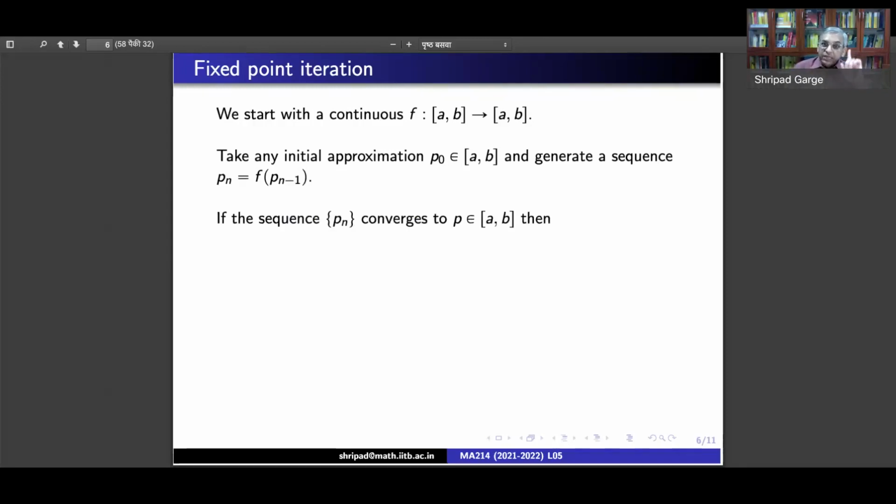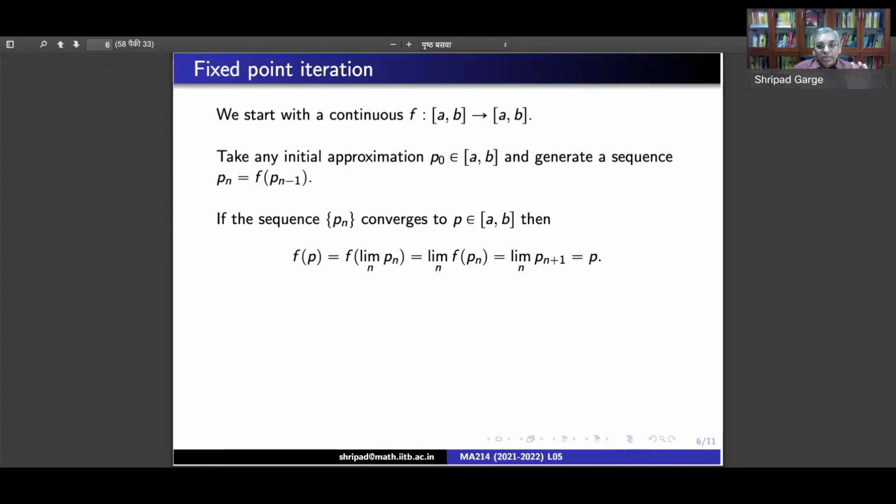However, if it converges to some point P, then we have got our fixed point, because the function value at P is f of limit Pn, since P is the limit of the sequence Pn. So f of P is f of limit Pn, but f is continuous. Remember, we are always working with continuous functions.